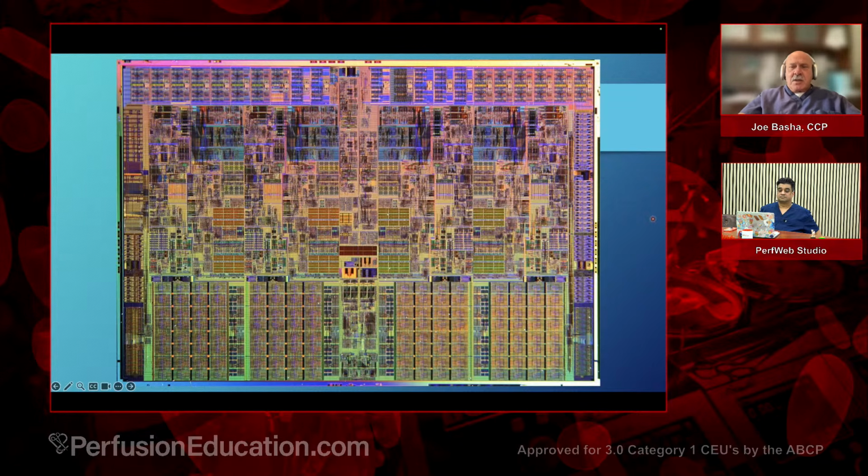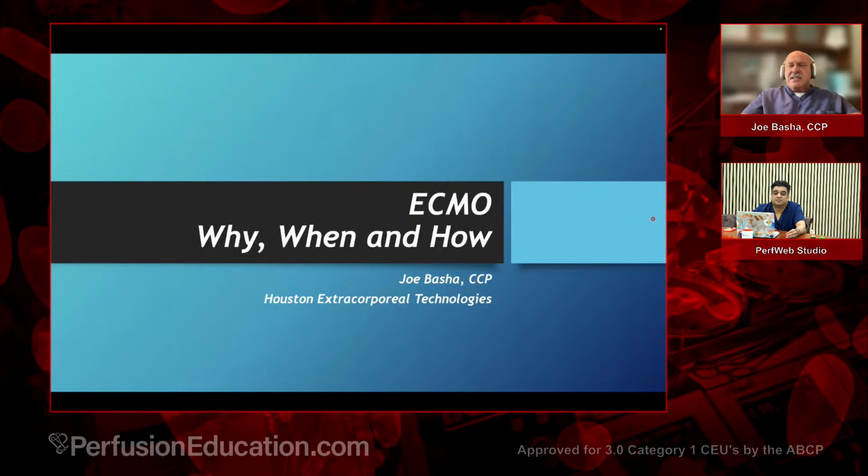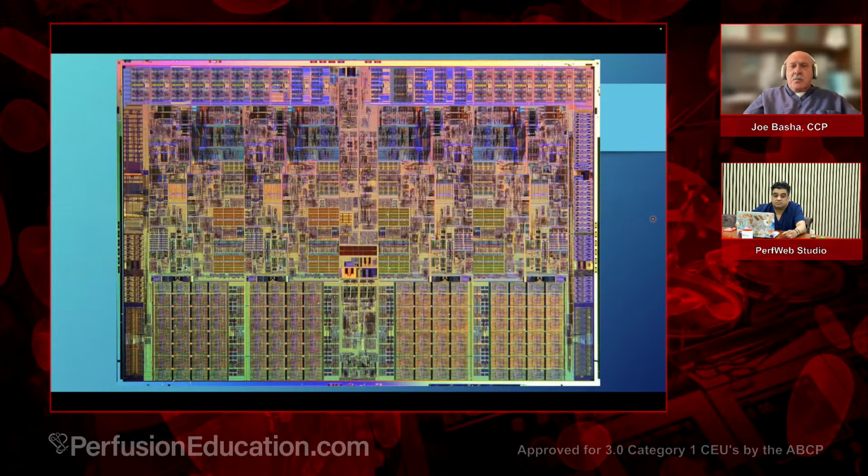I'm sorry. So I'm going to show you a series of pictures. And I want you to think about what it is. You may not know what it is. You might know what it is, but just look at it. That's all I want you to do, is look at it and try to figure out what it is if you don't know. So here's one.